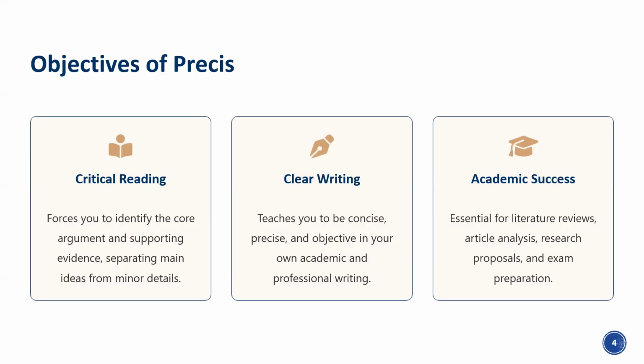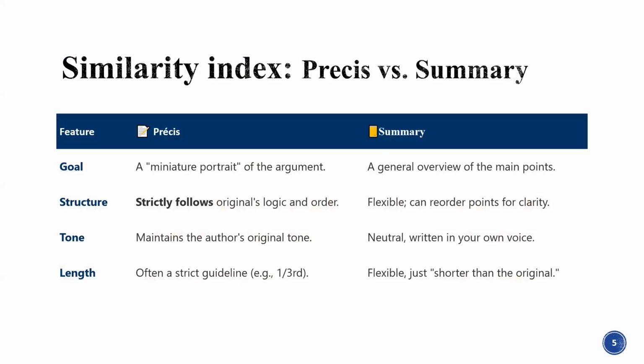It is not necessary for you to memorize the objectives of Precis. So please do not memorize that Precis has three objectives: critical reading, clear writing, and academic success. Rather, try to implement these things in your writing whenever you are designing a Precis.